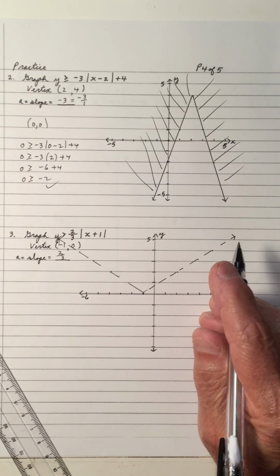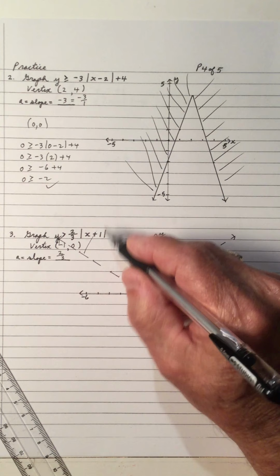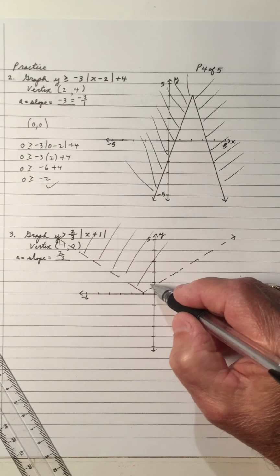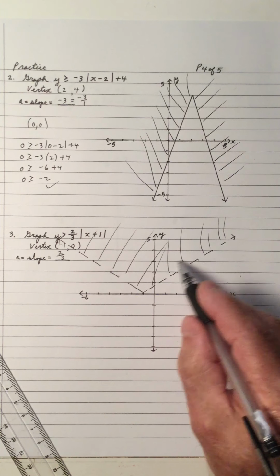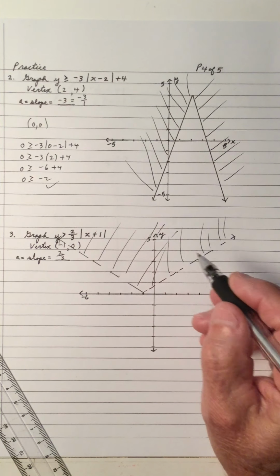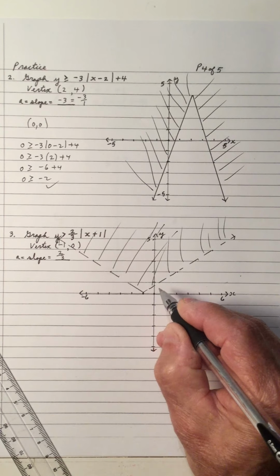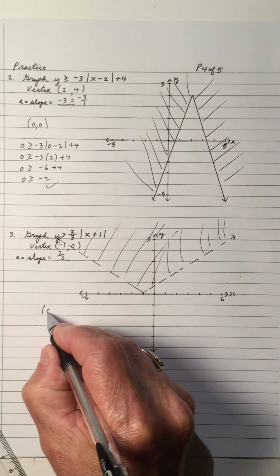And greater than is above. So all the points that are above these rays make this true. That means (0, 0) is not in there.